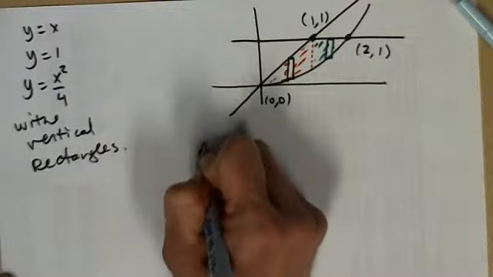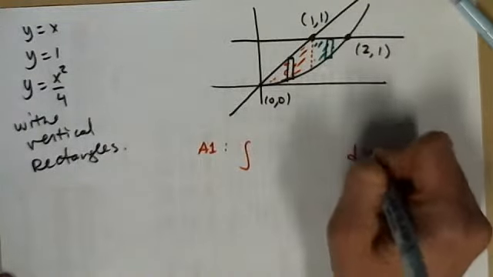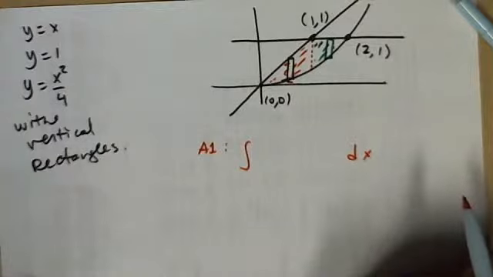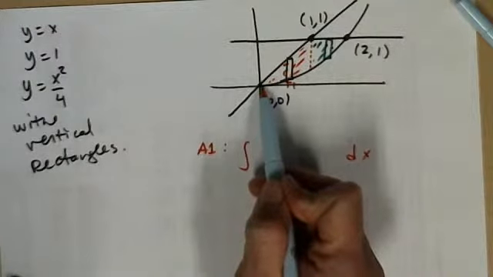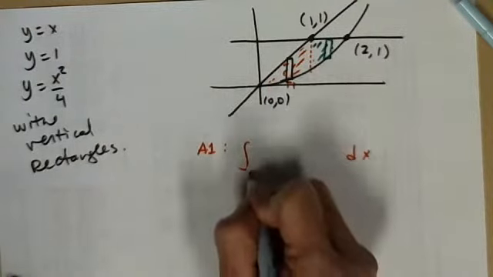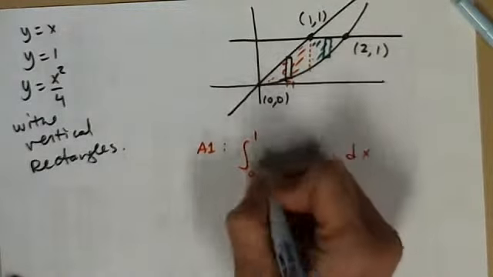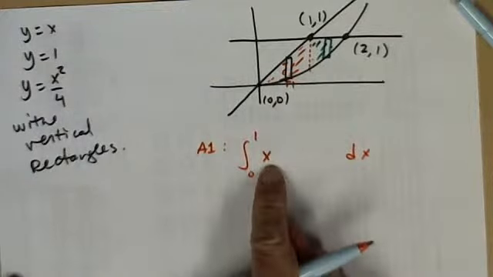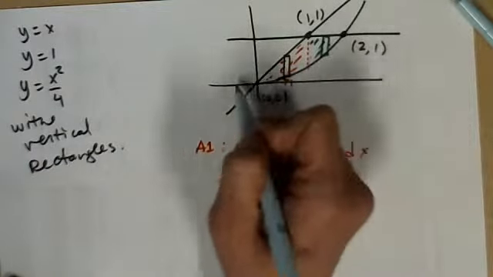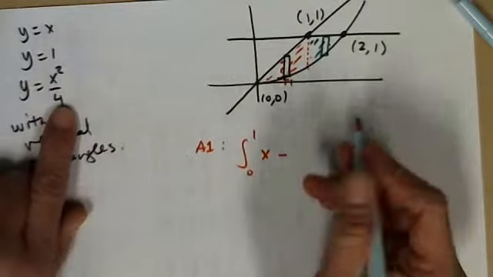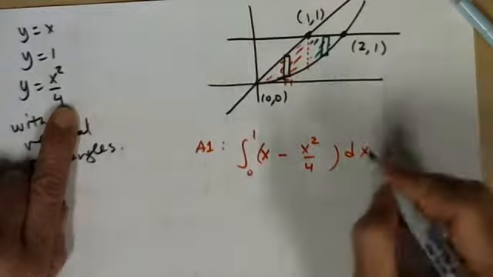For the orange area, area 1, I have a little chunk of x, dx, going from x equals 0 to x equals 1. The function on top is the line y equals x. I need the top y value, x, minus the bottom y value, x squared over 4, with respect to x.